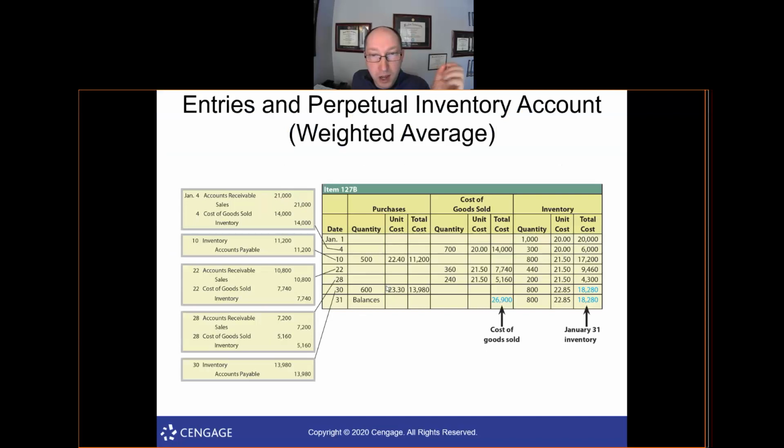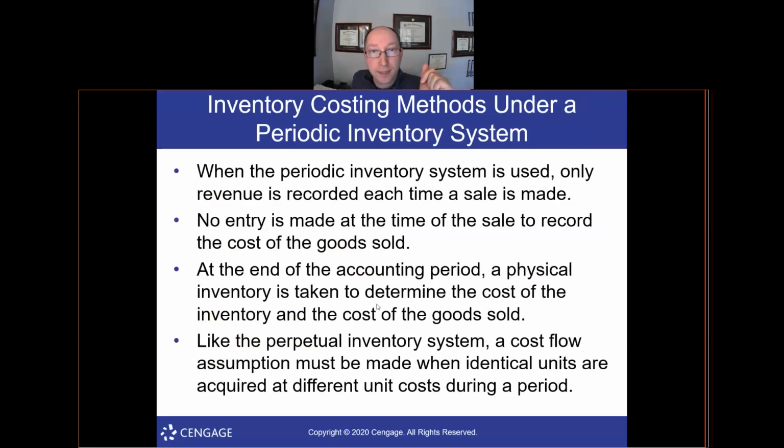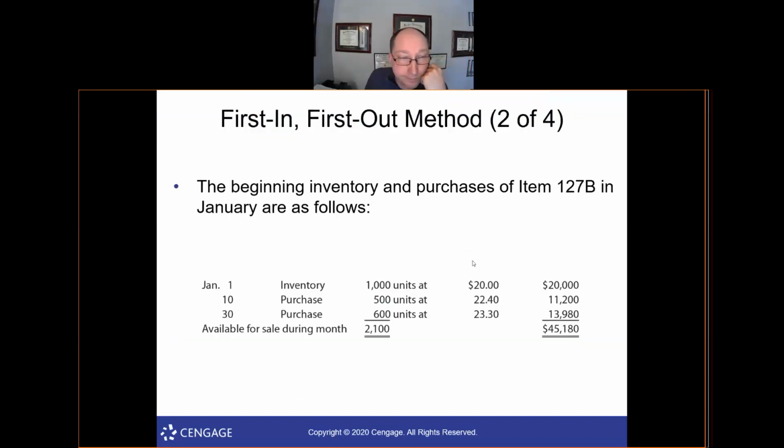So again, using weighted average, we take all of the purchases together, the total cost, divide by the number of purchases, give us the average. In the periodic inventory system, only revenue is recorded each time a sale is made, and we record cost of goods sold at the end.